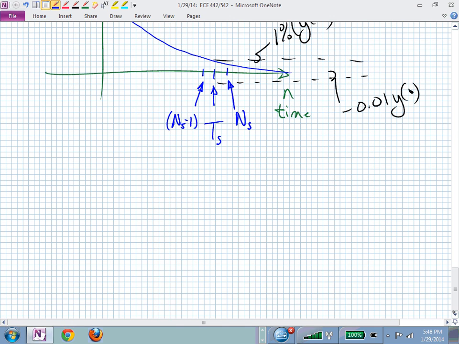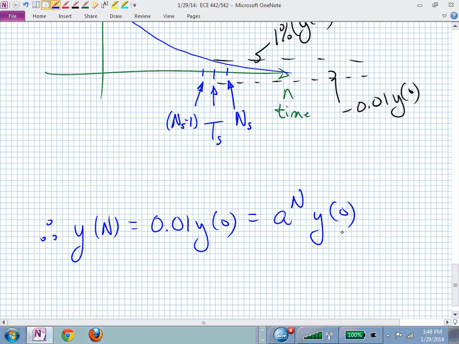We now know that we wanted to compute this capital N. We convinced ourselves that this is what we want, but we also know that y of capital N, from our inspection of that recursive process, gave us this relationship.